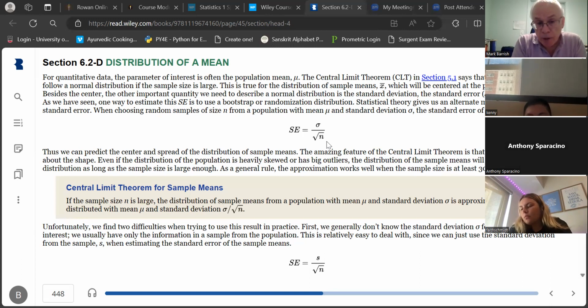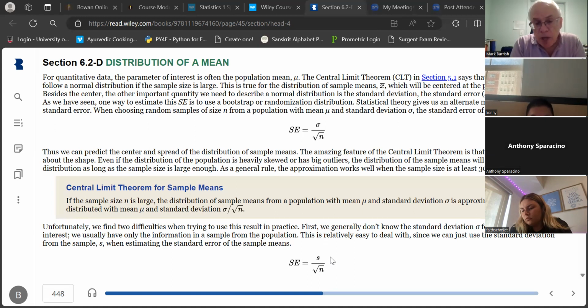Now, the issue is that the population standard deviation, the numerator of this ratio, is typically not known. So we typically have to estimate it. And the best way to estimate it is to use S, which is the sample standard deviation.